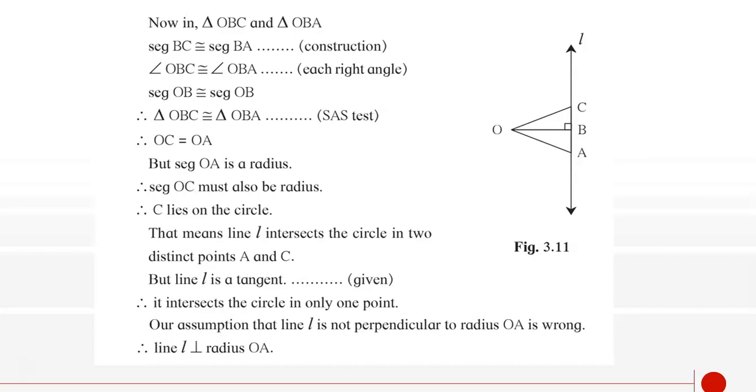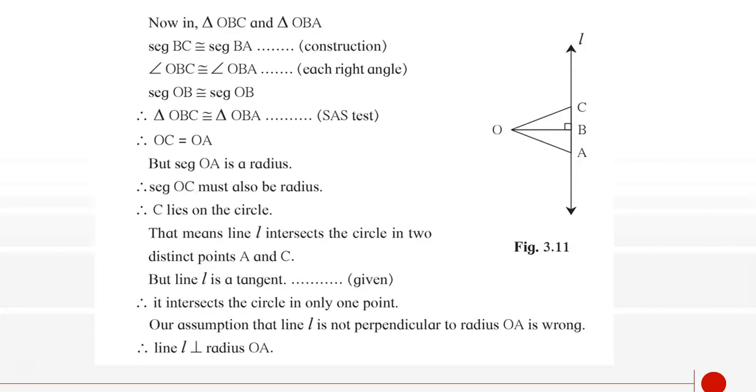That means line L now intersects the circle in two distinct points, A and C. But according to the given information, line L is a tangent, and a tangent cannot intersect a circle in two distinct points. It has to intersect in one and only one point.